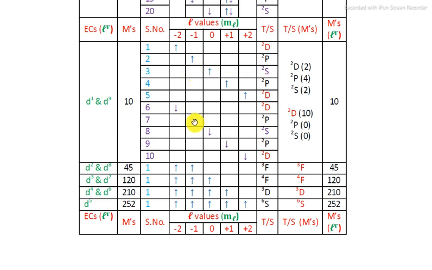Here also L value 1, 2P. And the last but one, here the L value is 1, term is 2P.